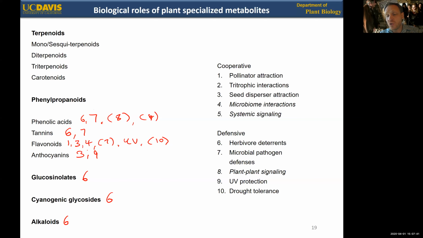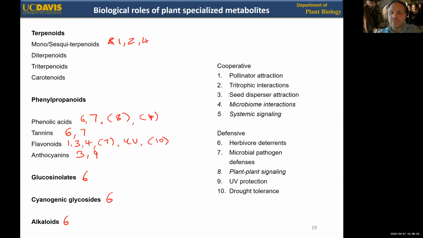Certainly the mono and sesquiterpenes are the smaller, more volatile compounds. They would be involved in pollinator attraction. They're certainly involved in tritrophic interaction. There are examples of them being involved in microbiome interactions.